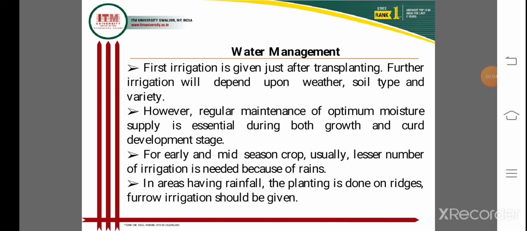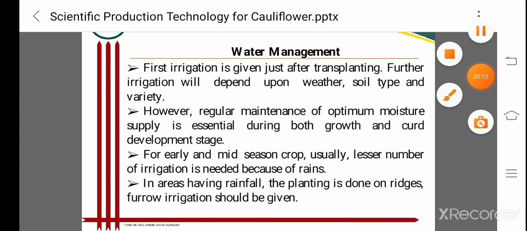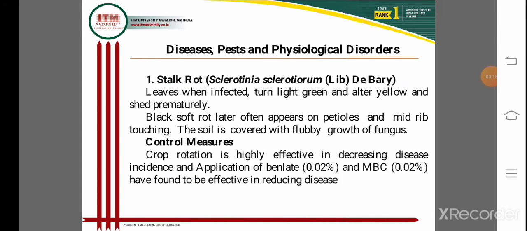So in areas of heavy rainfall, planting is done on ridges and furrows. Next are the diseases, pests and physiological disorders of the plants.